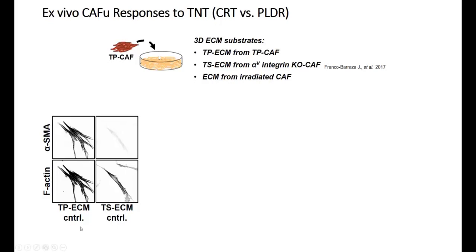So we took two controls, the bona fide tumor-promoting extracellular matrix and a prototype that we have as a tumor-suppressive extracellular matrix. These are matrices coming from an alpha-B integrin knockout, and you can find more information in this reference. But basically, when we follow one of the activation markers, alpha-SMA, we see that the tumor-promoting extracellular matrix induces immediately the expression of this marker.